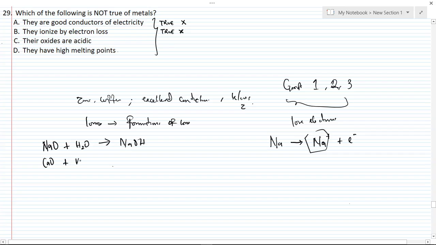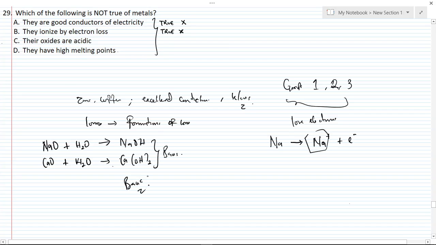Same thing with our calcium oxide, we have Ca(OH)2. These are bases. That means that the oxides are not acidic, rather they are basic.